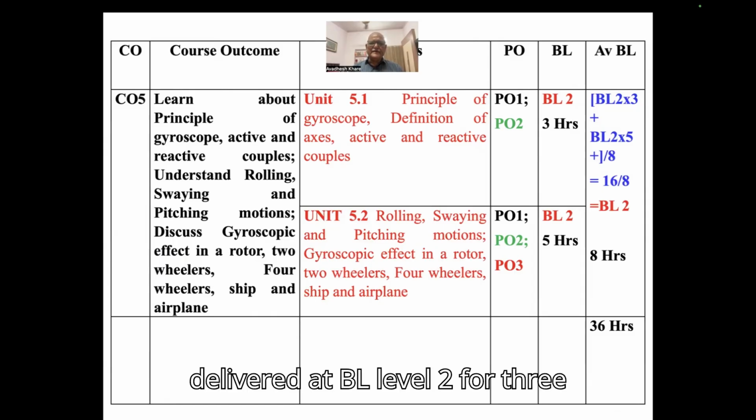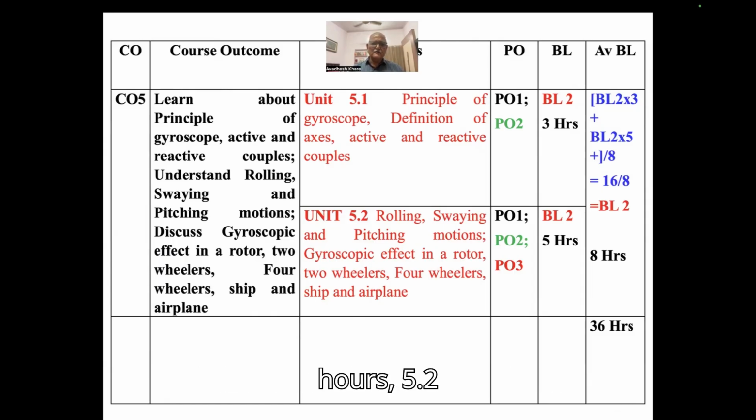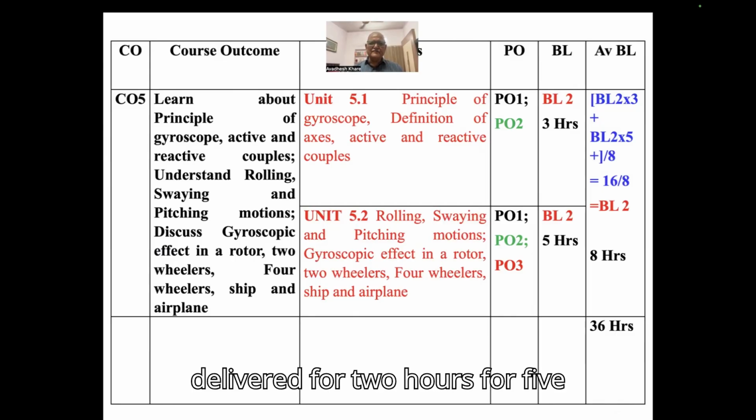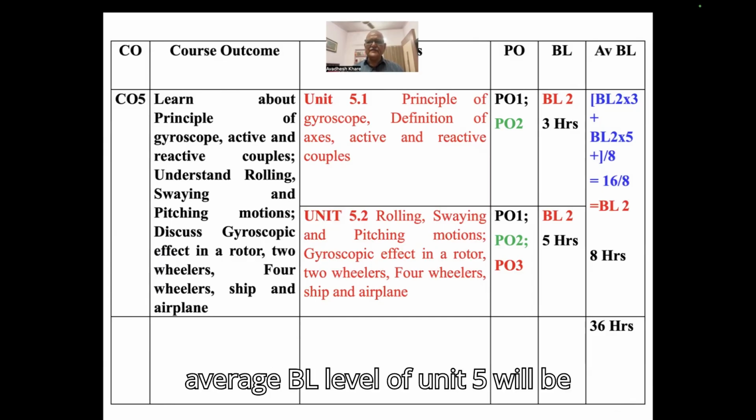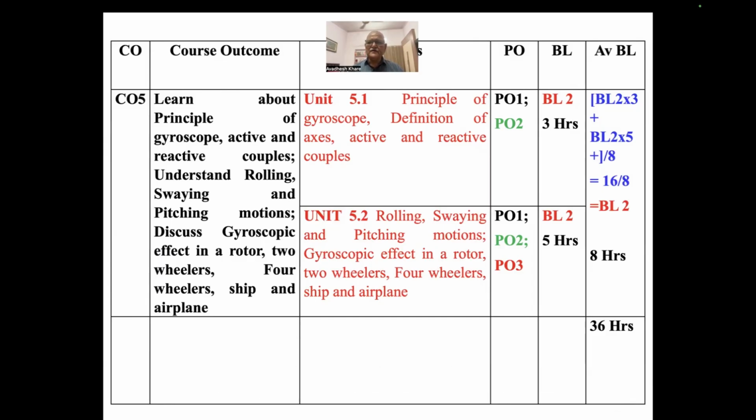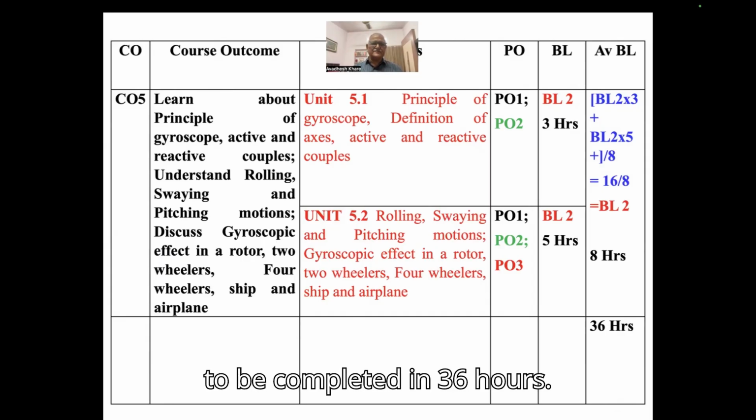It is delivered at BL level 2 for 3 hours. 5.2 addresses PO1, PO2 and PO3 and is delivered for 5 hours at BL2. The average BL level of unit 5 will be BL2 into 3 plus BL2 into 5 divided by 8. This is equal to BL2. So the total course is to be completed in 36 hours.